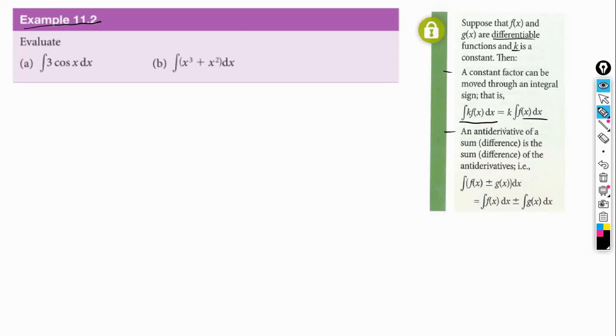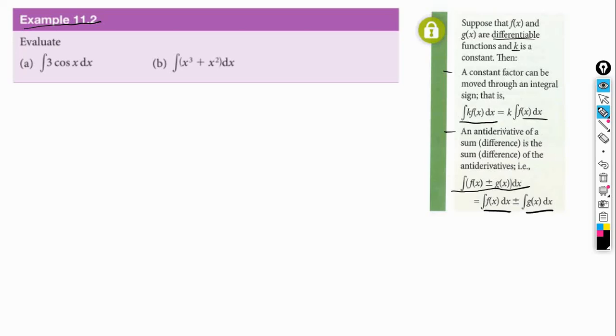Also, an antiderivative of a sum or difference is the sum or difference of the antiderivatives. So basically, if you have, say, the integration of f of x plus or minus g of x dx, you can separate that into two different integrals.